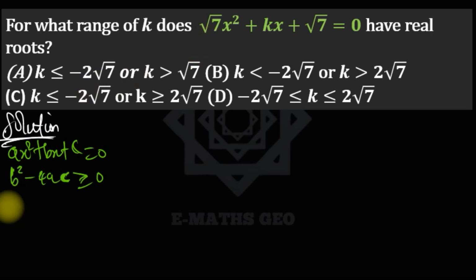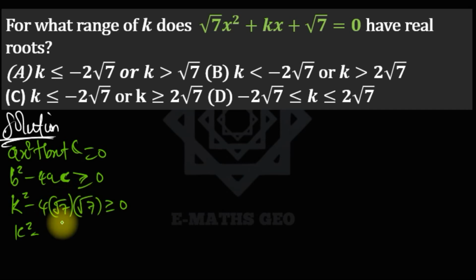So from here we see that k is b, so k squared minus 4 times root 7 times root 7 is greater than or equal to 0, and this is k squared minus 28.